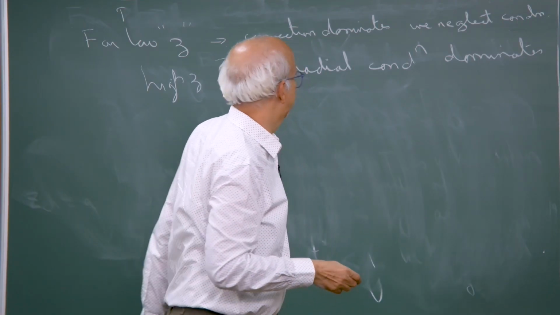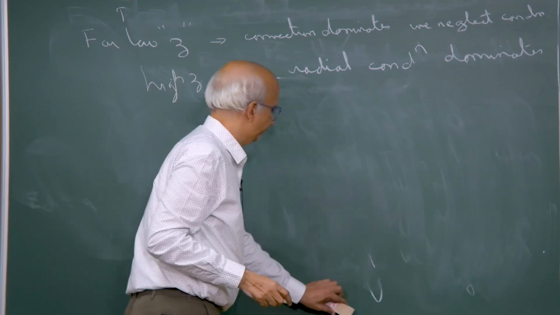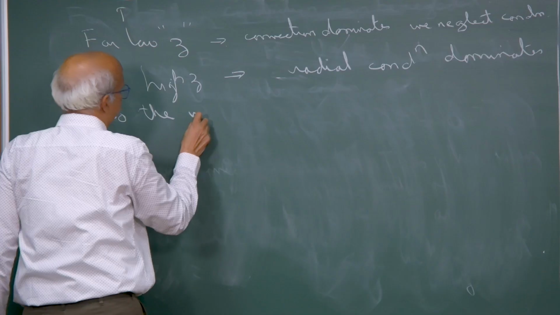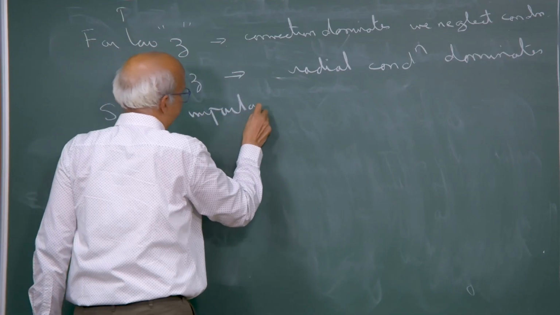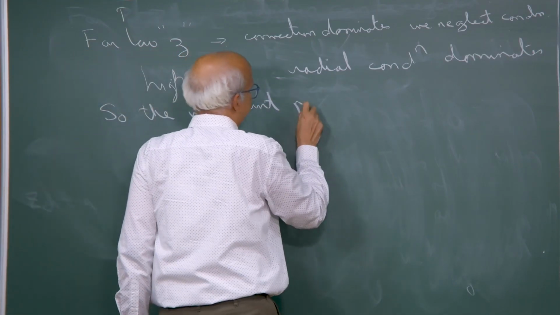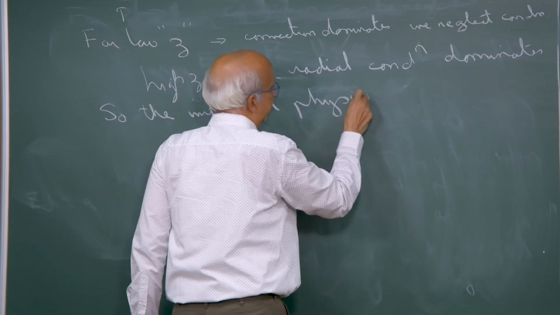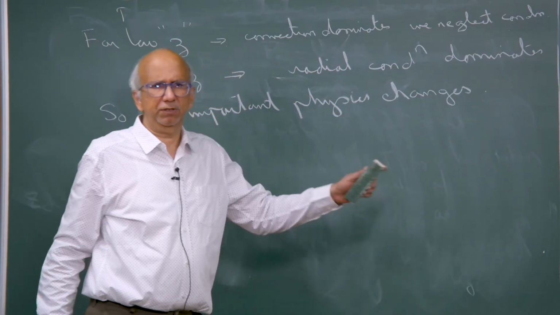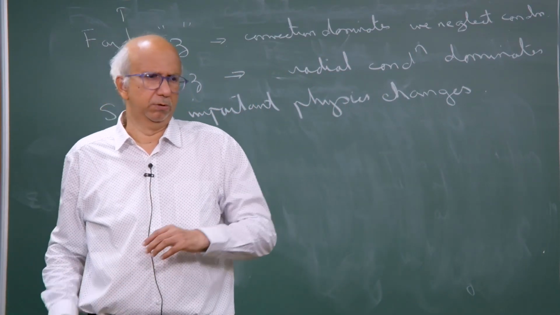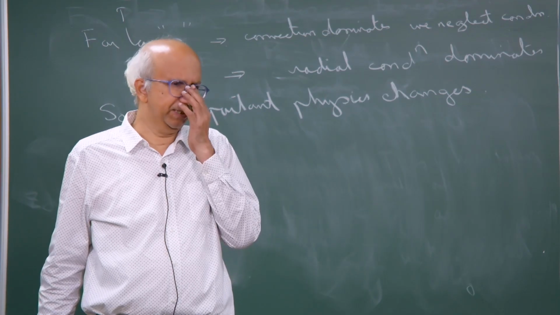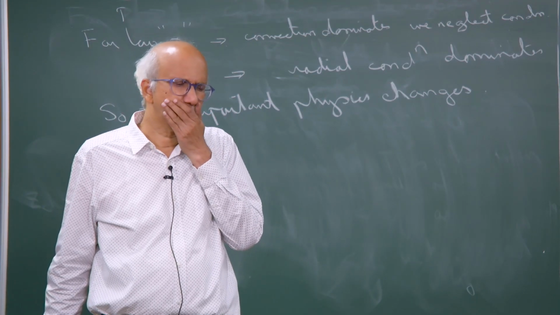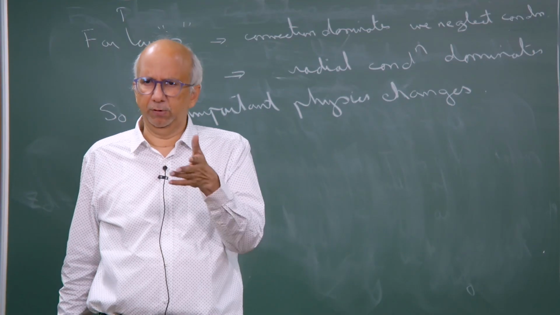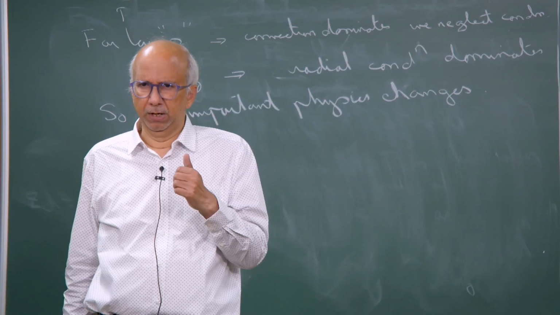The important physics changes, and we saw this problem when we were doing the grids problem also. You have seen a similar situation earlier when looking at boundary layer flows.